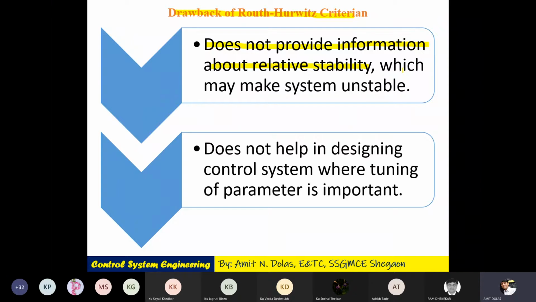Thereby relative stability is very important here, which may make the system unstable. ये RH में नहीं मिलता है, relative stability. It does not help in designing control systems where tuning of parameters is important. Wherever we need to tune a parameter like the overall gain K, it is not possible in RH.